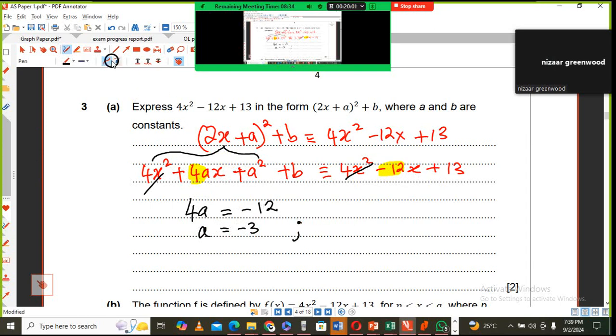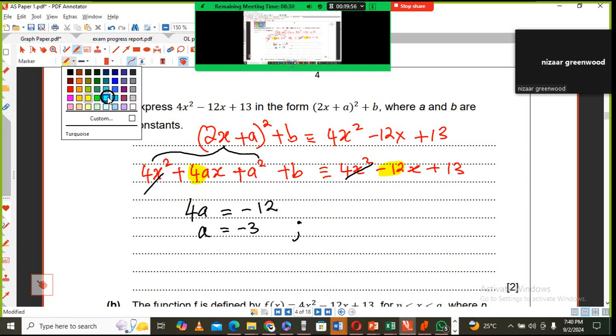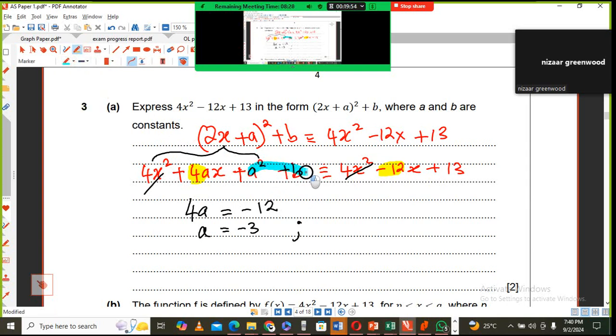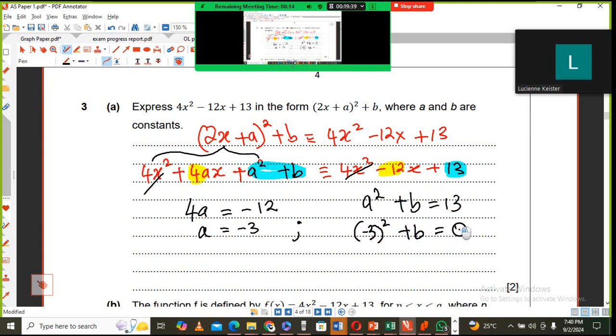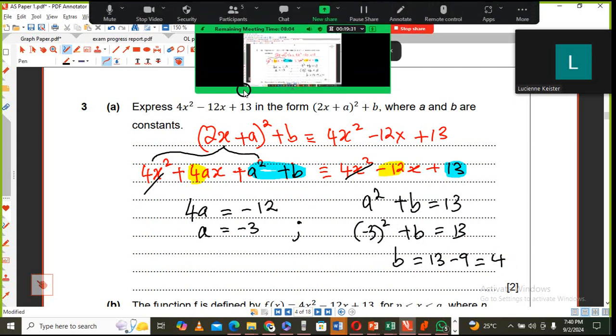And then for another comparison, I take the constants and let them be equal. So a squared plus b is equal to 13, but we already know a is negative 3, which gives 9. So b will be 13 minus 9, which makes it 4.